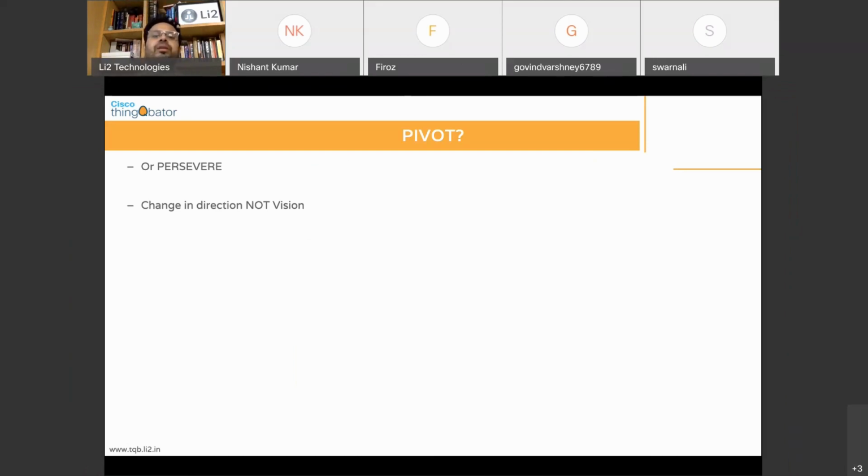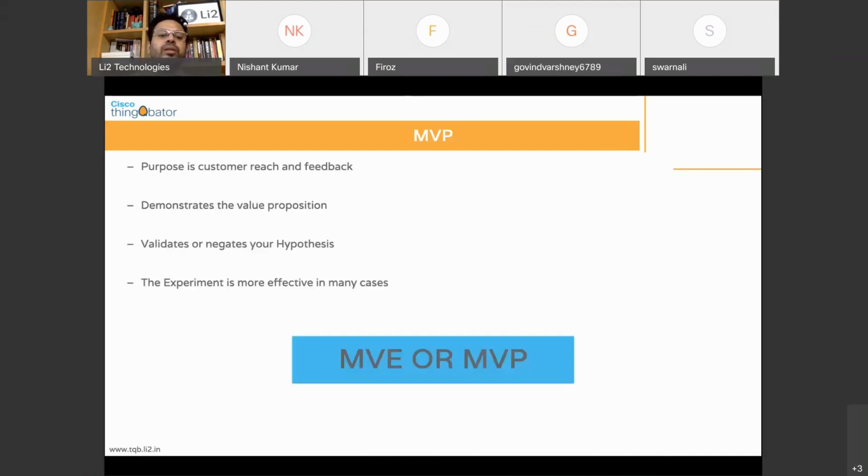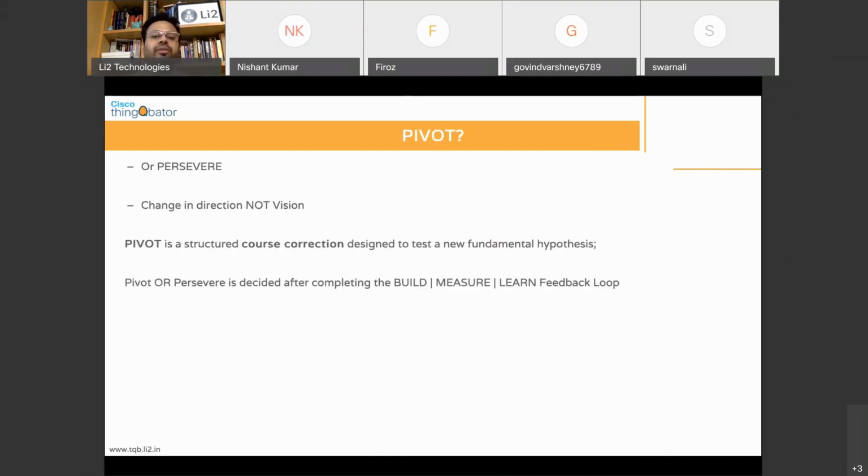Pivot or persevere is the question that you ask once you actually finish your build, measure, learn loop. So you build a hypothesis, then you build an MVP for that hypothesis, take it to market, measure it.